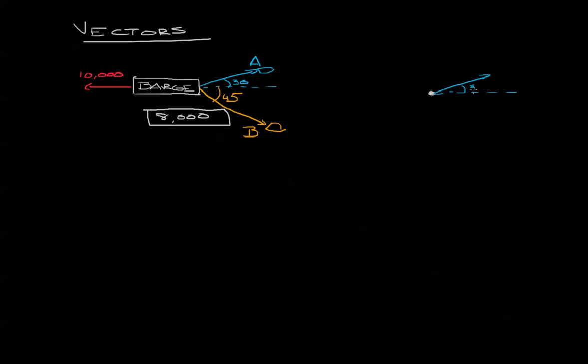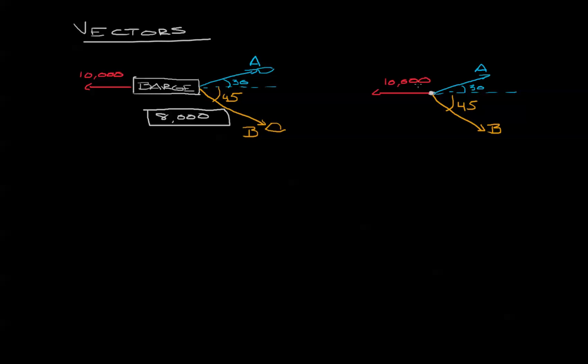And then down here, as you're setting up the problem, you're going to have B as well, and that's going to be at 45. And it's tempting to let this go and say, okay, we got our forces, but we don't. The third force that we have is our force of drag. So that's going to be 10,000 pounds.